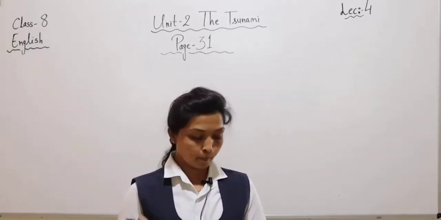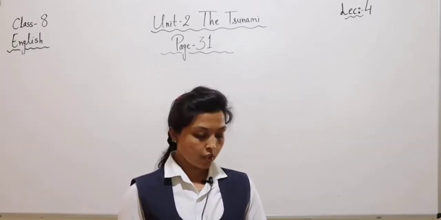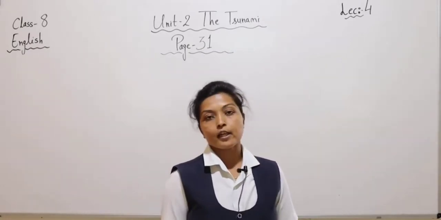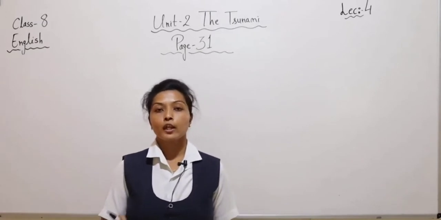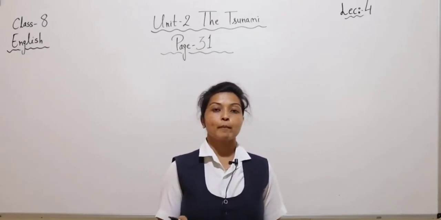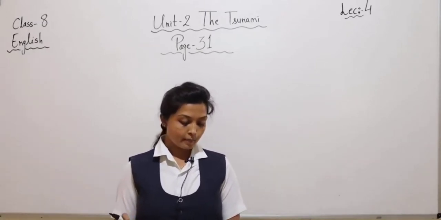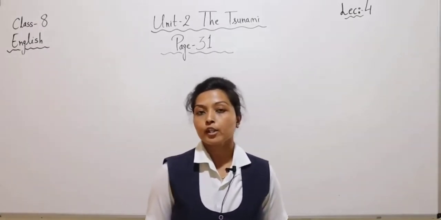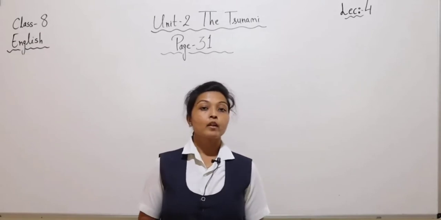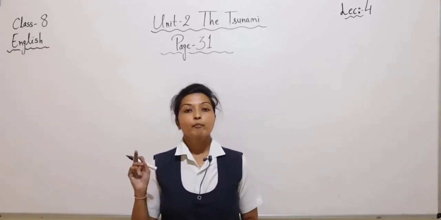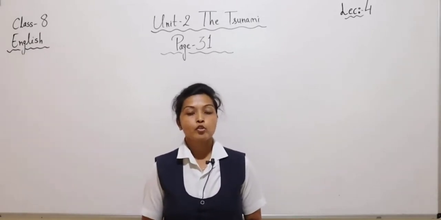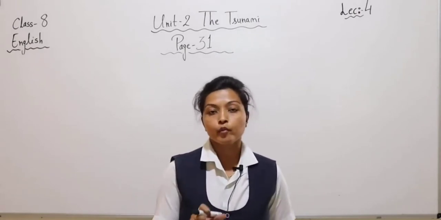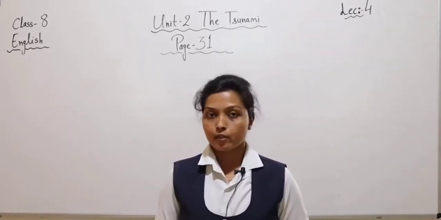Write A or P after each sentence, as shown in the first sentence. We write A for the active voice and P for the passive voice in the space given after the sentence. You already learned about active and passive voice in your previous class, so we are familiar with them.